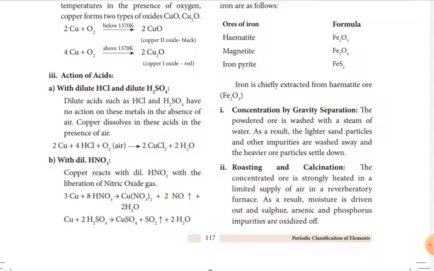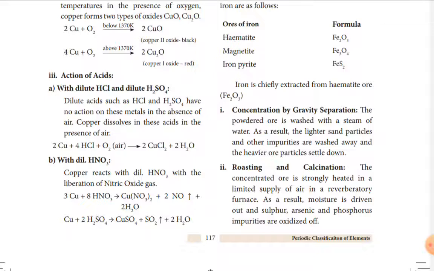The moisture is removed in this process when we heat it in a limited supply of air. Sulfur, arsenic and phosphorus impurities are oxidized to sulfur dioxide, arsenic oxide, and phosphorus trioxide or pentoxide, so they are removed as oxides.